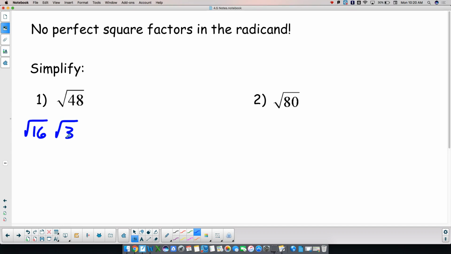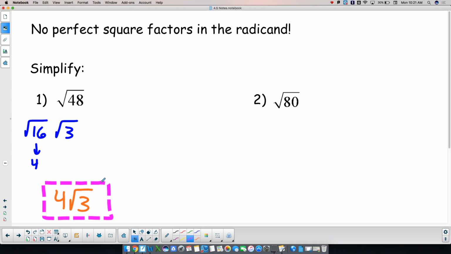So the square root of 16 becomes 4. 4 times the square root of 3 is my answer here, because we set the 4 free.